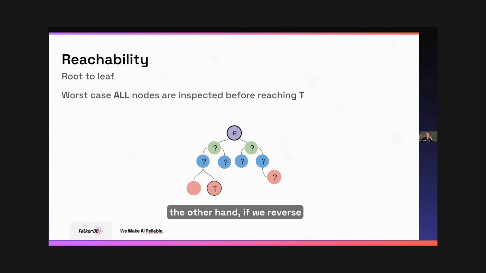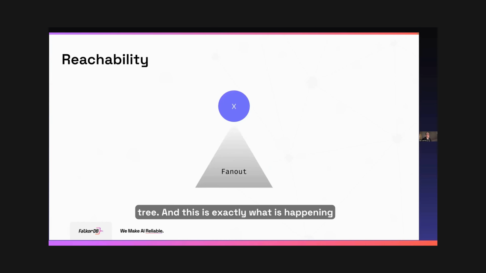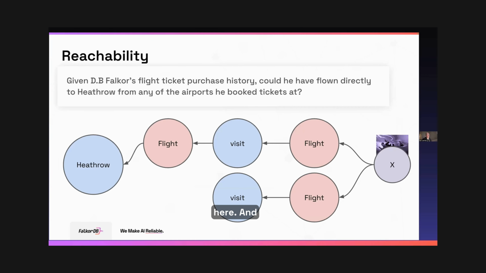On the other hand, if we reverse the search pattern, we start at the leaf and traverse upwards towards the root, then it's just a handful of edges. In this case, it's log n, the depth or the height of the tree. And this is exactly what is happening here.